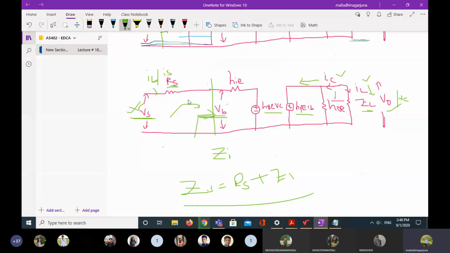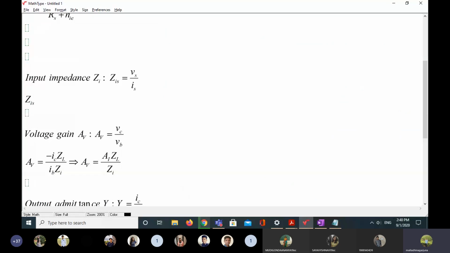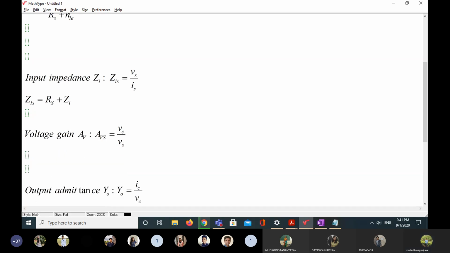So the total resistance is that extra resistance plus the input impedance of the previous circuit. So ZIS is equal to Rs plus ZI. Rs plus ZI is the input impedance.